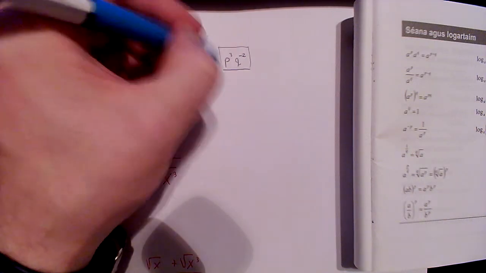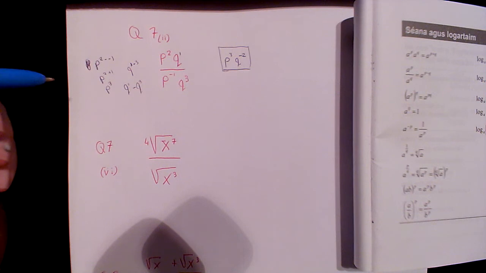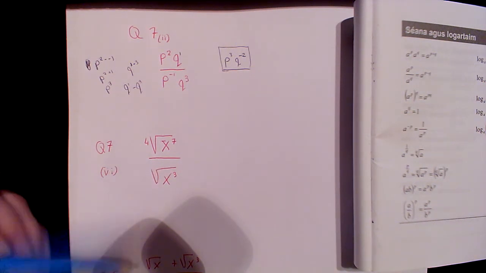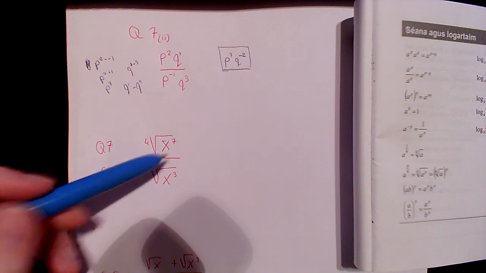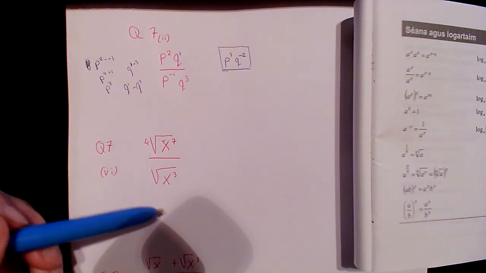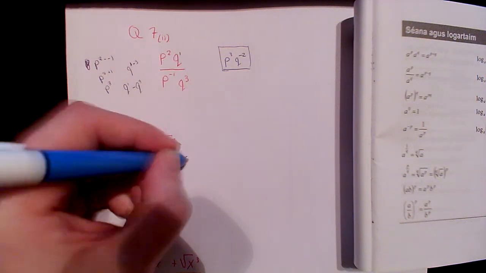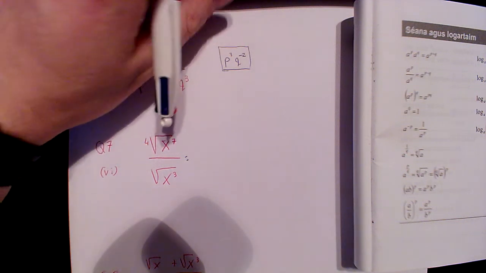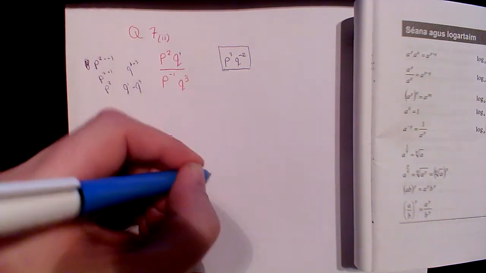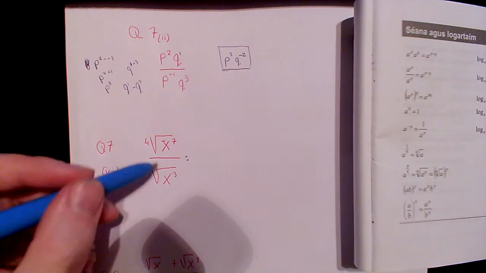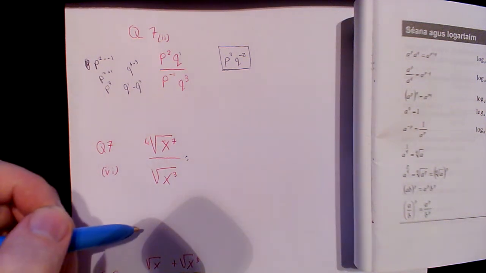So there's our answer. Okay, if we look down here, straight away I see that I have these surds, these square roots. I don't like them, and they're making it a lot messy, so I want to change these square roots into indices, right? So I'll do that on the numerator and the denominator. Okay, so let's do the bottom first. So, this square root sign, if we change that square root sign into an index, it's a half.